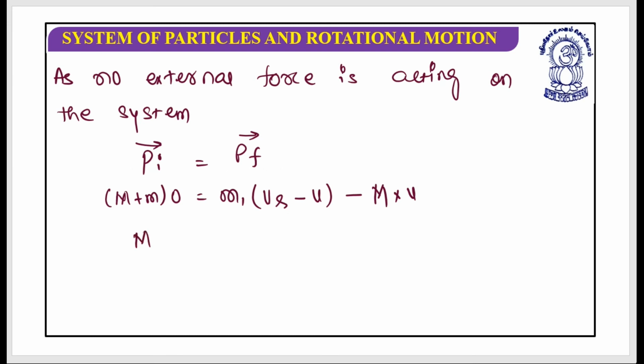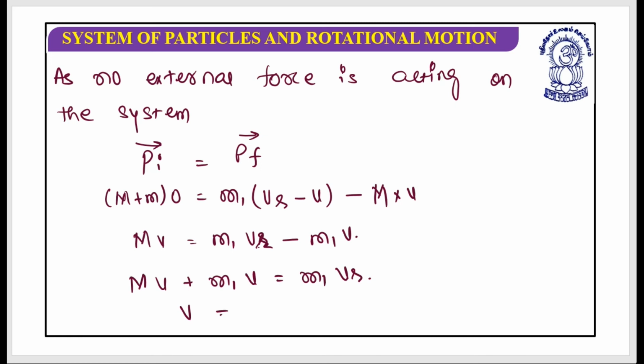So this is M into v equals m1 into vr minus m1 into v. So M into v plus m1 into v equals m1 into vr. So v equals m1 into vr divided by (M plus m1). I hope this is clear.